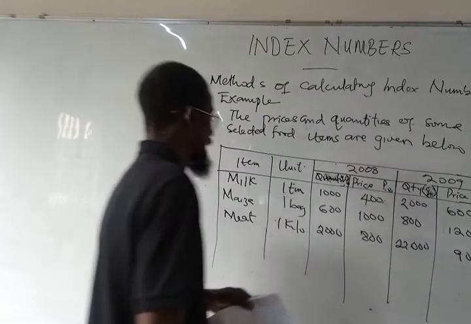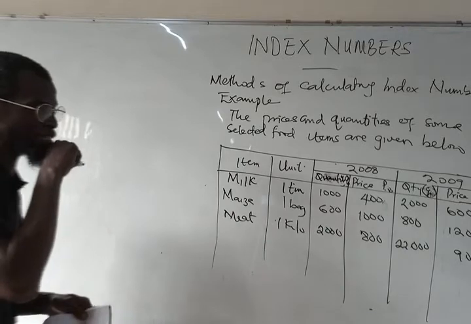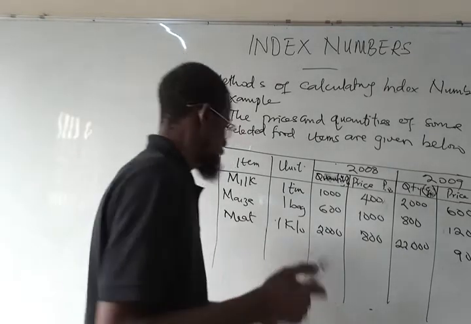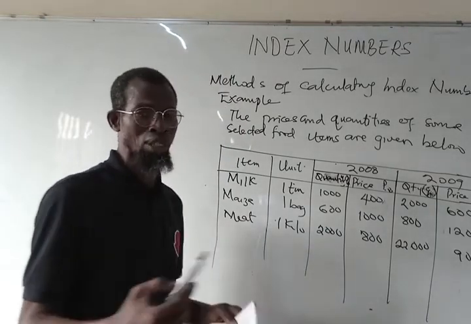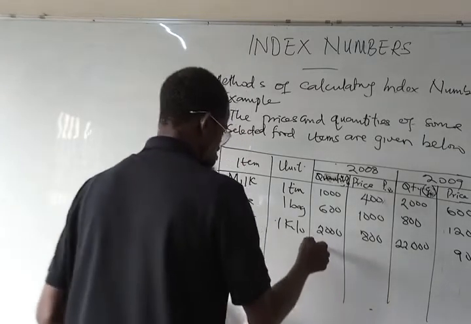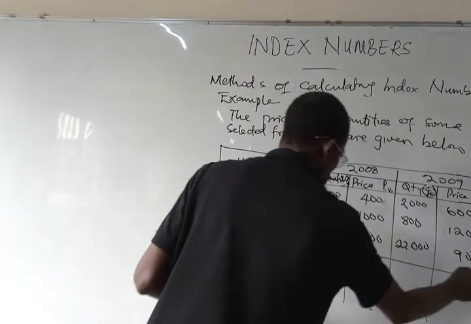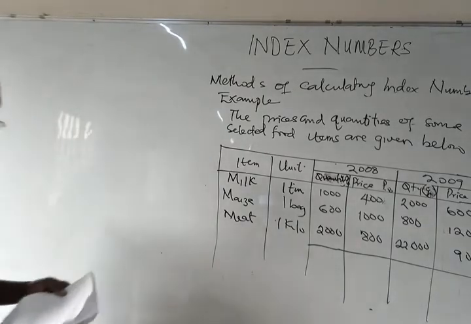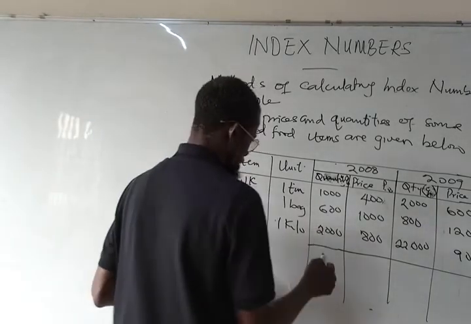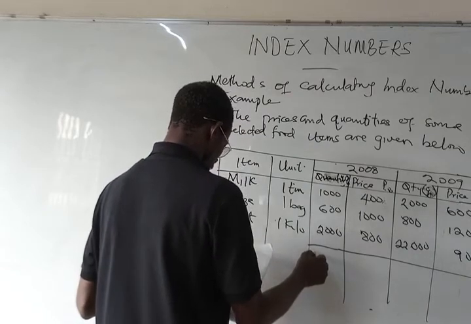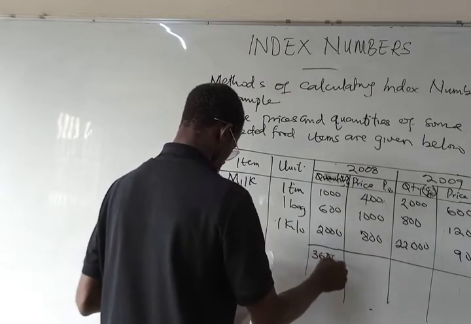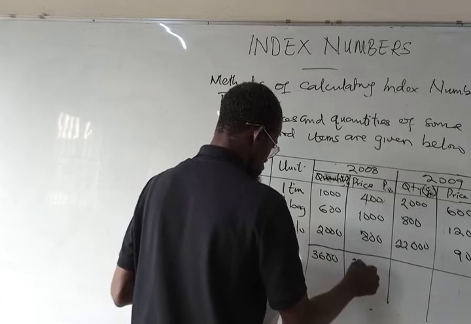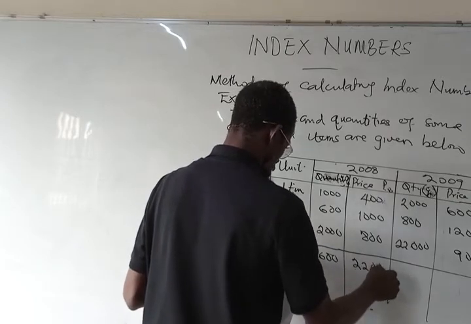So, like I've said, the simple aggregate. Aggregate means total. So when you're doing your calculation, just try to sum up the quantity. You are interested in the quantity and the price only. Forget about the unit. If you sum this up, it gives us 3,600, and this one will give us 2,200.